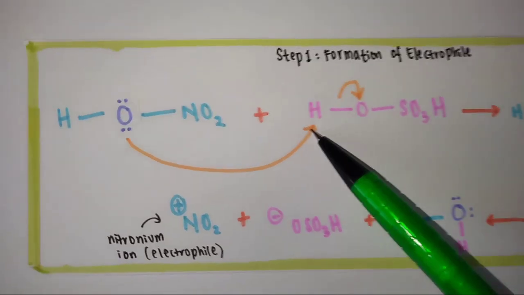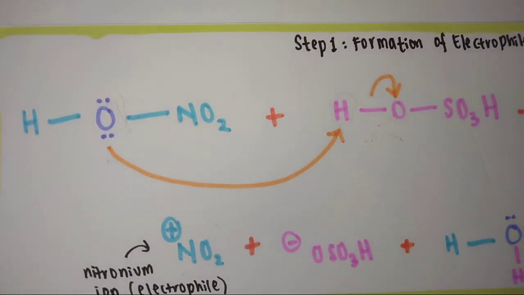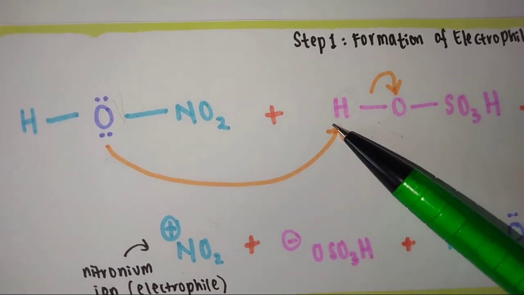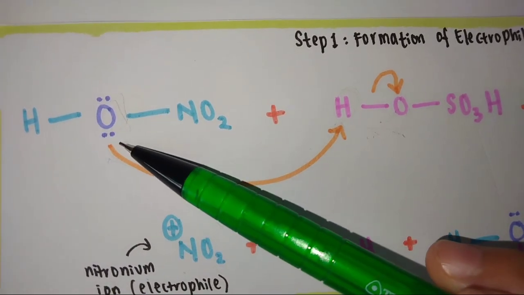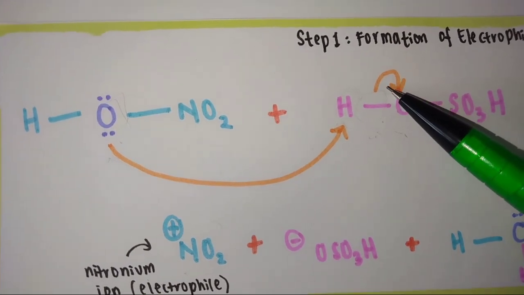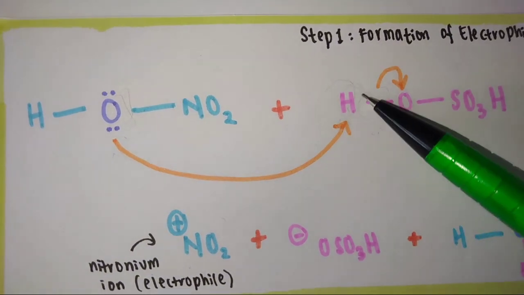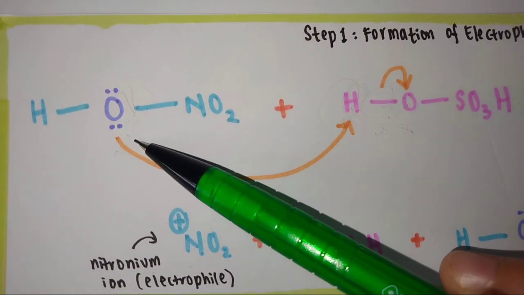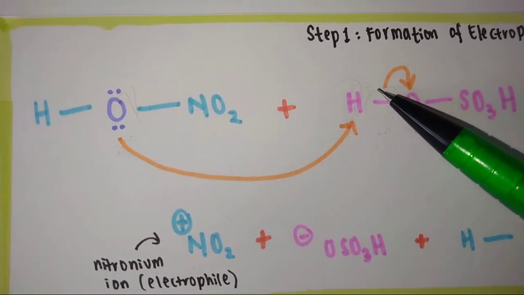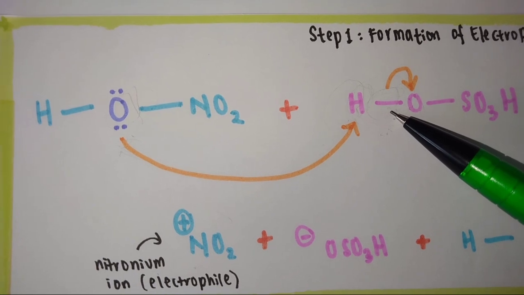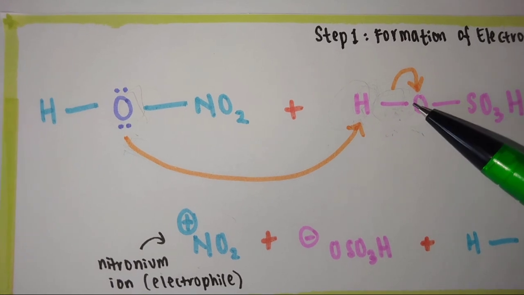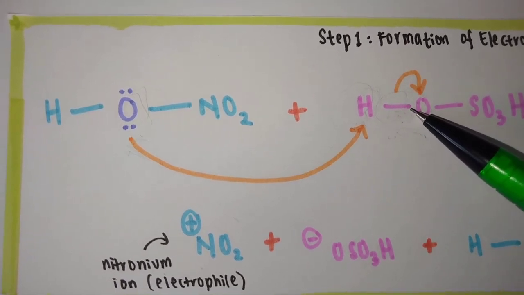After the hydrogen is attacked by the lone pair of the oxygen atom, this sigma bond will weaken and will be broken. So both of the electrons are pushed towards the more electronegative oxygen atom.